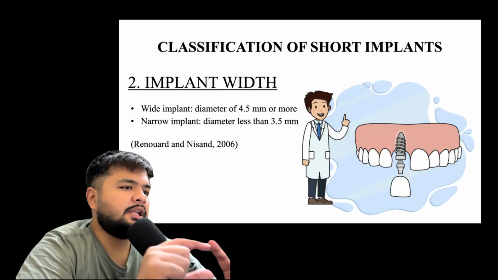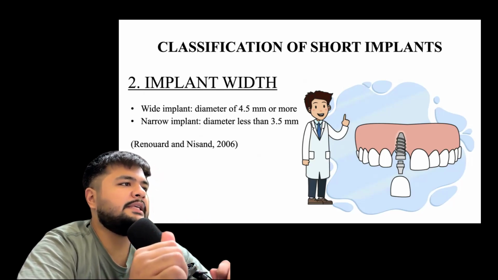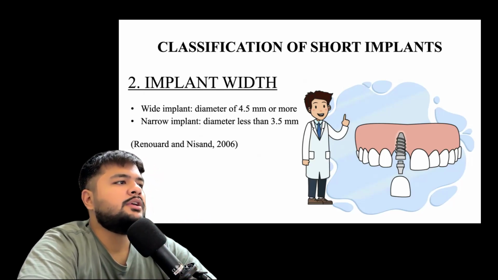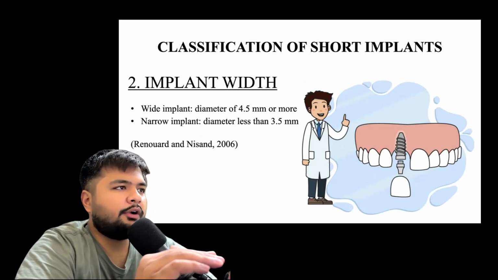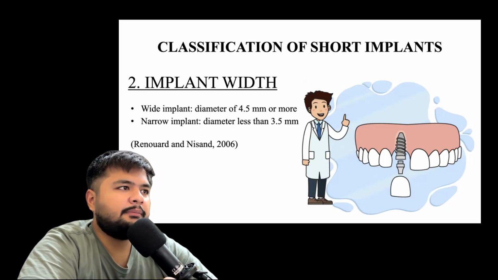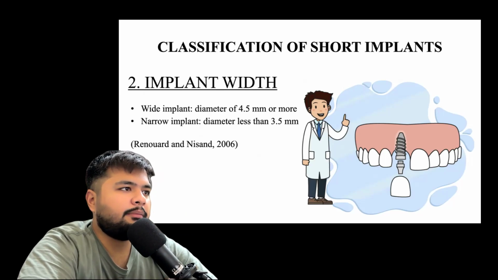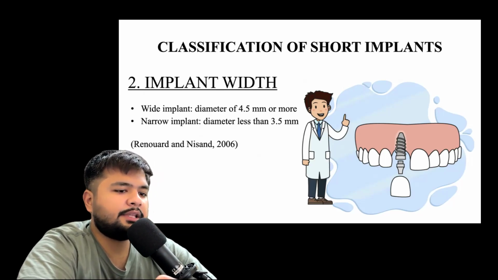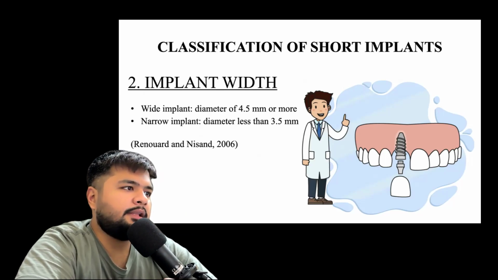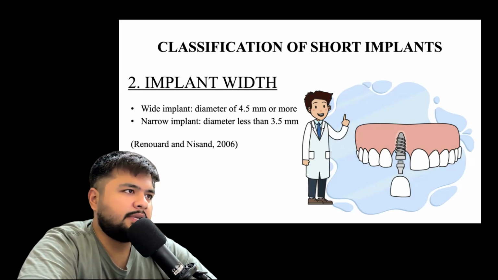Since the length is less, a wider implant is usually preferred to increase the success rate of a short implant. According to implant width, they can be classified as wide implants with a diameter of 4.5 or more, and narrow implants with a diameter of less than 3.5, and this was given again by Renard and Nisand in 2006.